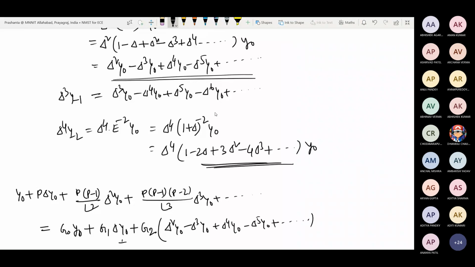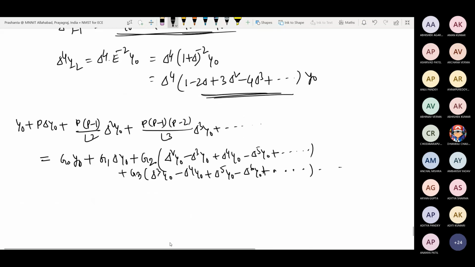Next term will be plus g3 into del q y minus 1. Del q y minus 1 is del q y naught minus del 4 y naught plus del 5 y naught minus del 6 y naught, and I will not write the remaining terms. You got the idea, and so on.